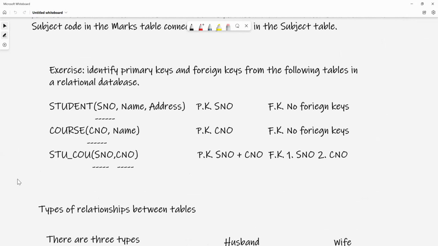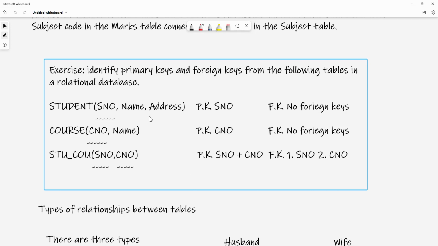and let's look at the answers. In this particular case, we have student number, name and address, course number and name, and to track which student takes which courses, we have student number and course number.